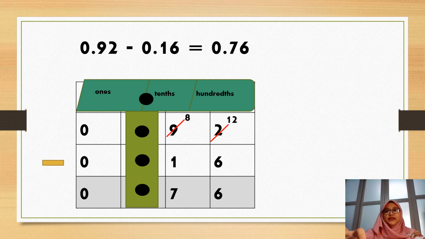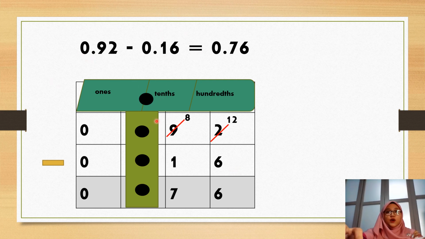Next question is 0.92 minus 0.16. We put it into the hammer. 0.92 minus 0.16. We arrange the numbers.